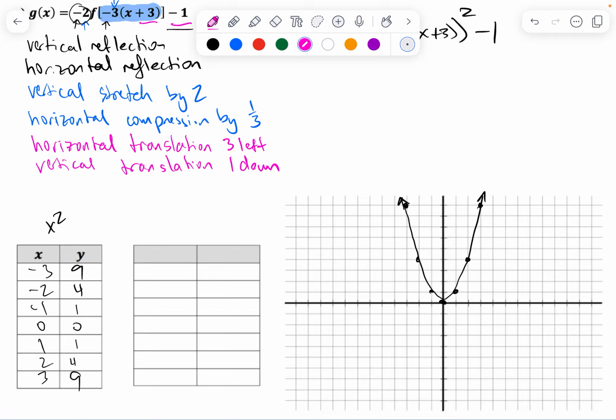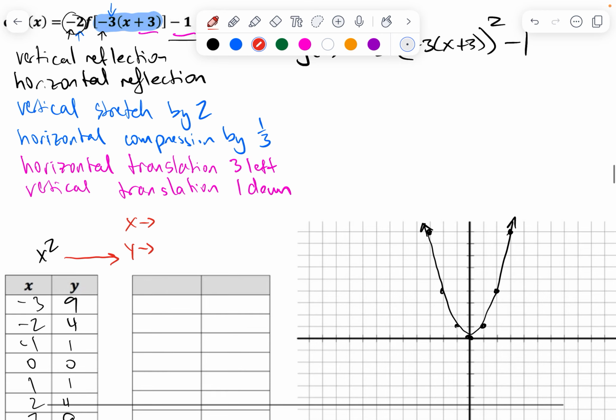Okay, and now let's make our mapping statement. So x is going to map to something and y is going to map to something.